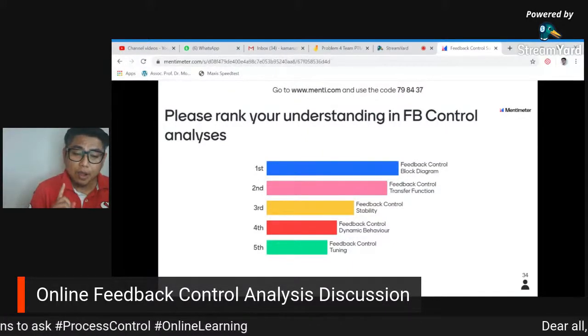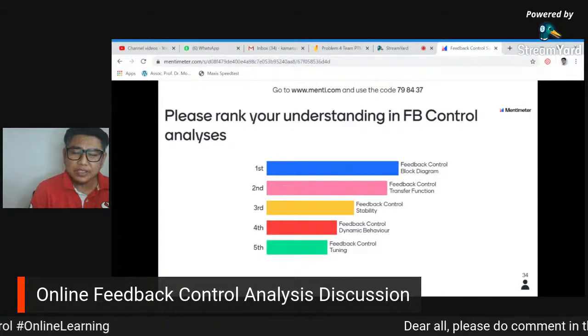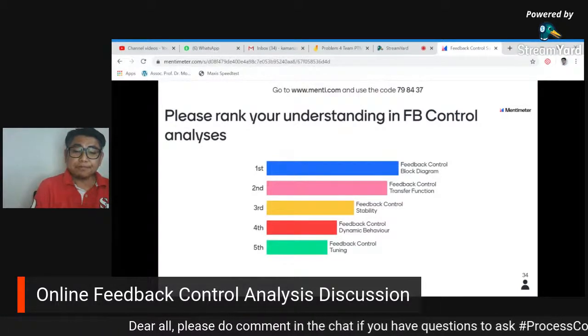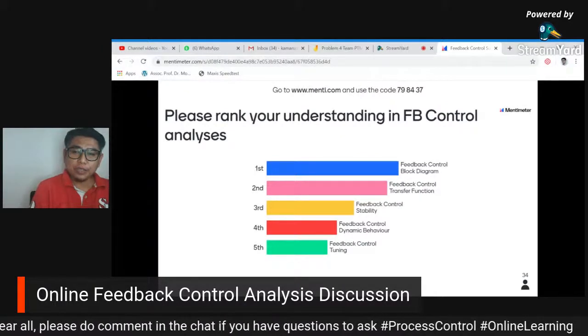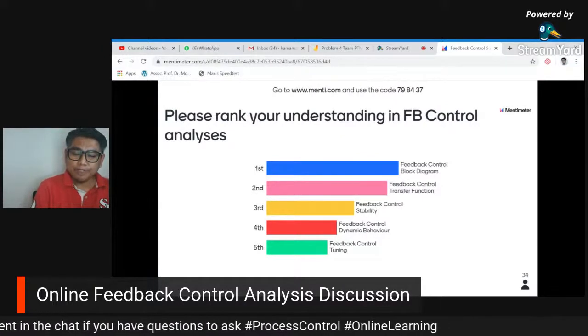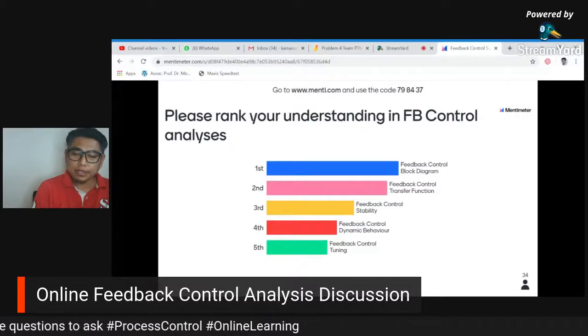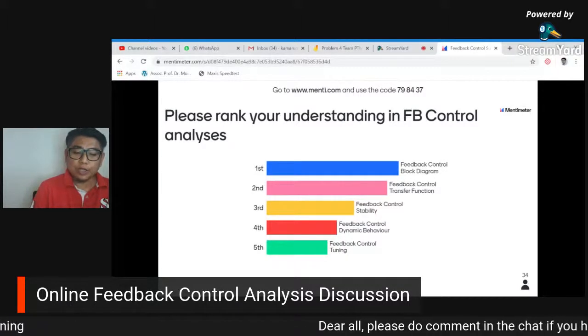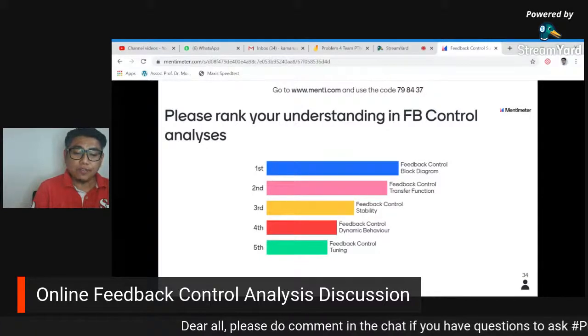You have three types of second order response: critically damped, overdamped, and underdamped, which depend on the damping coefficient.